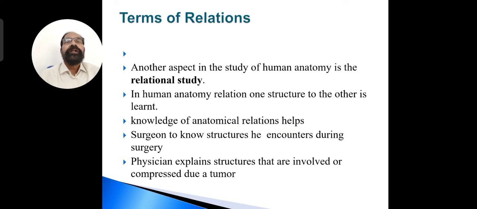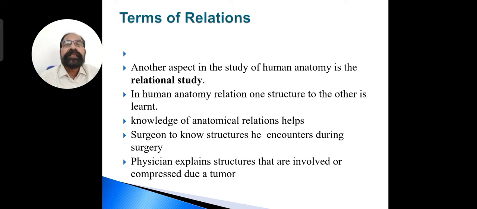Then we go to terms of relation. Another aspect in human anatomy study is the study of relations. The relation of one structure to another in the human body is learned so that we have knowledge of anatomical relations.